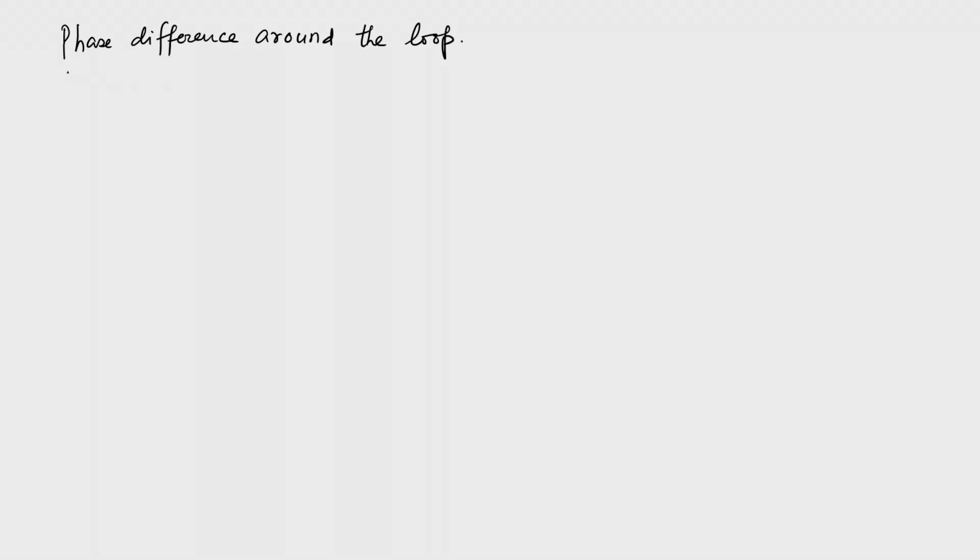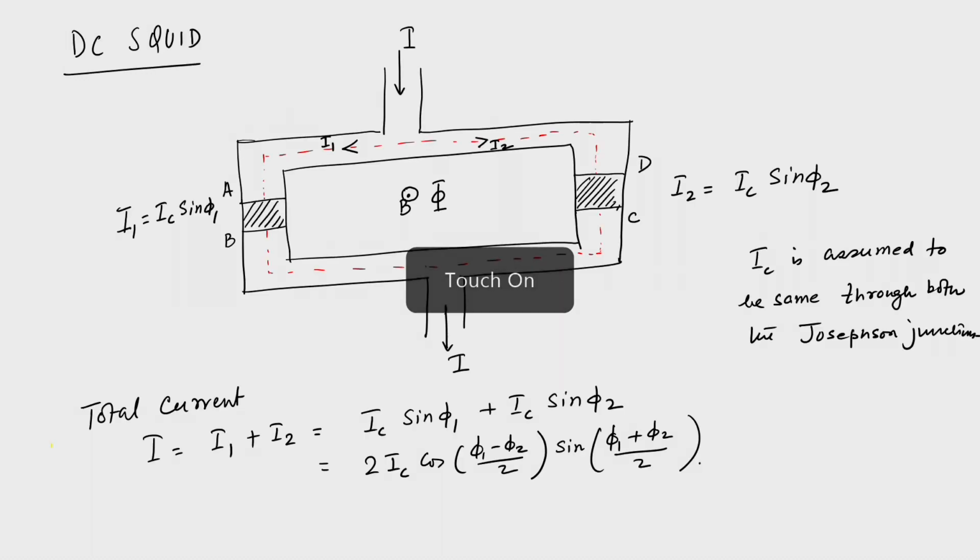Now, the important thing is that the phase difference around the loop is the integral of gradient of theta dotted with dl, which is equal to theta B minus theta A. Let us go back for a second to the diagram.